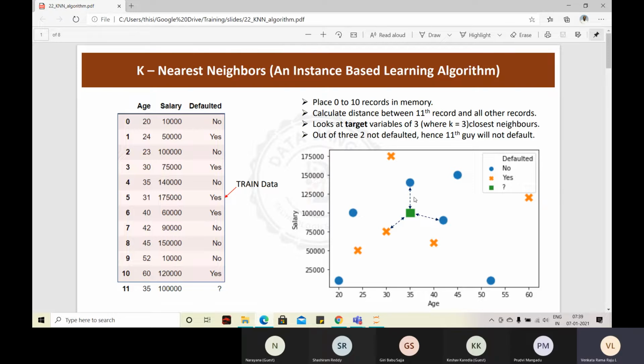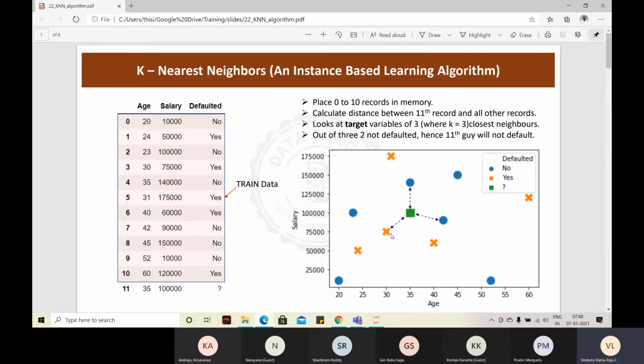The k nearest neighbors algorithm takes the training data and puts it into memory. When you ask a new question, it tries to find the closest records to that particular data. Based on the output values of the closest records, the decision is made, and probability is calculated.